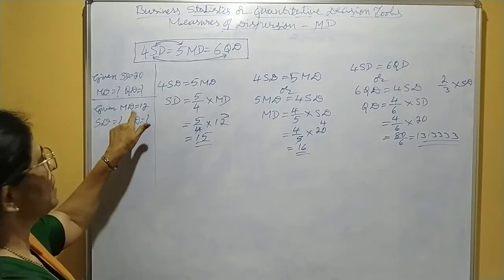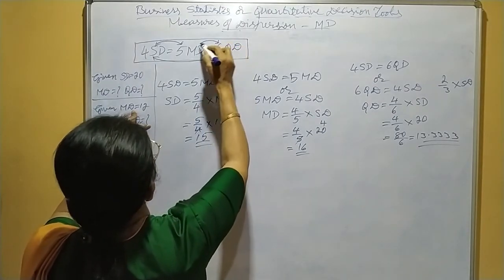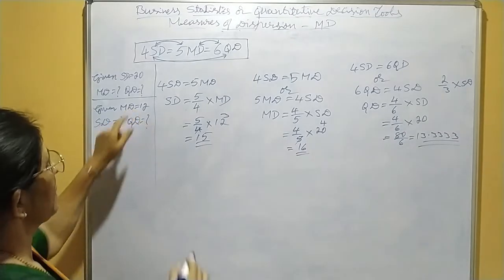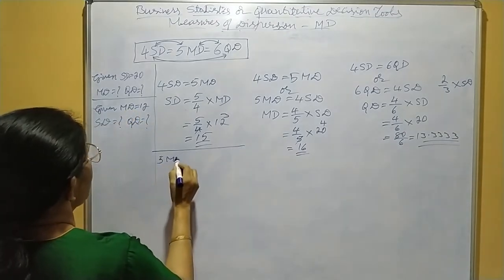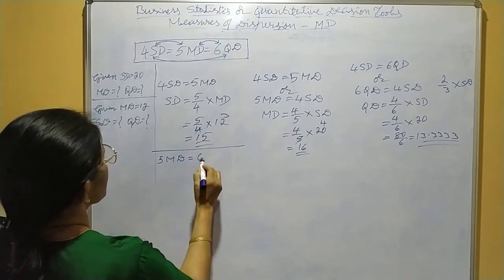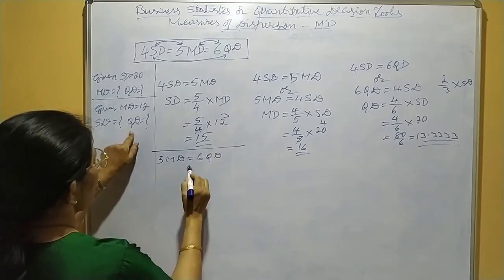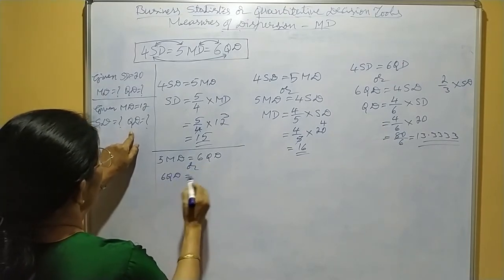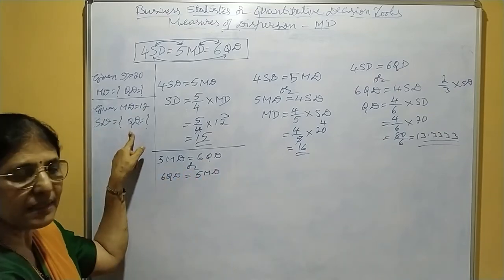Now you have to find out quartile deviation. Given information, mean deviation. That means you have to take the relation between mean deviation and quartile deviation. That is 5md equals 6qd. We have to calculate quartile deviation. Therefore, 6qd equals 5md, both are one and the same.